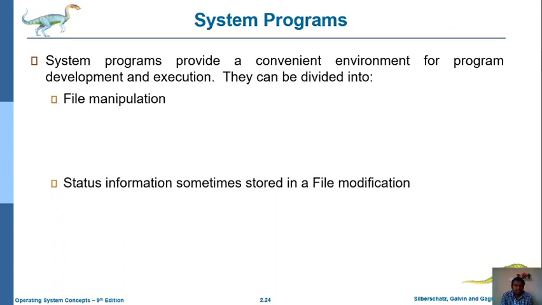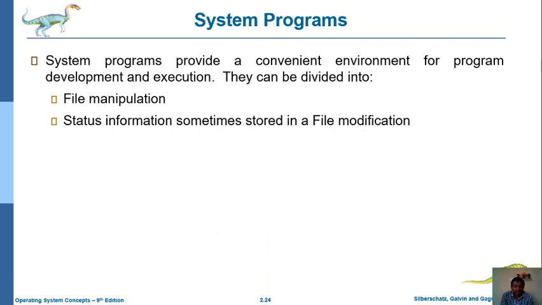The first is file manipulation. File manipulation means to create a file, delete a file, open a file, read a file, and write something into a file. All such operations can be performed with the help of file manipulation.